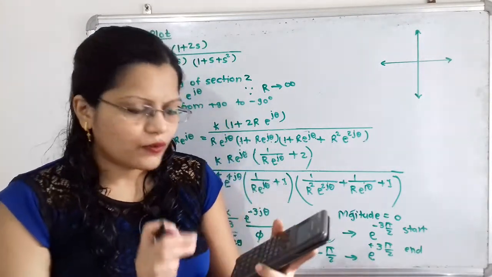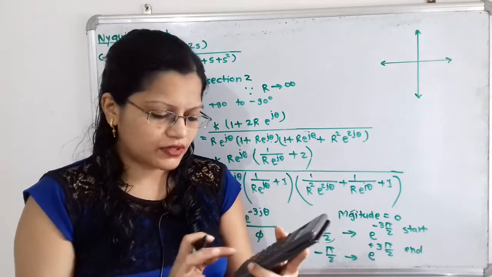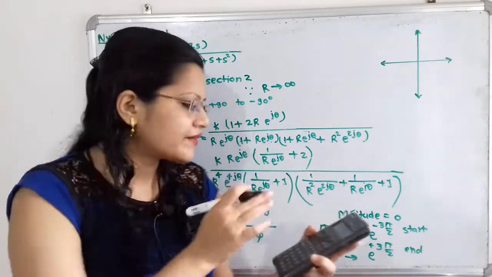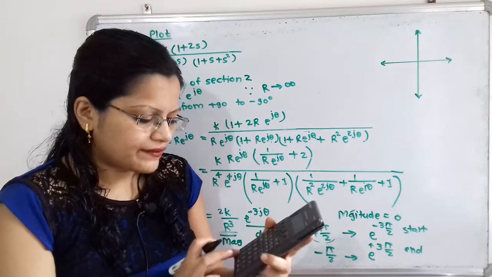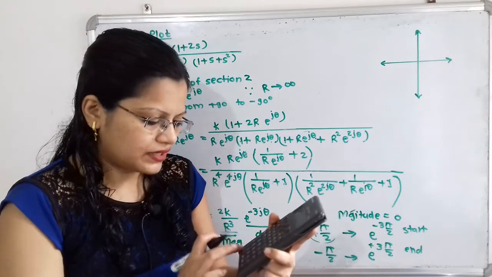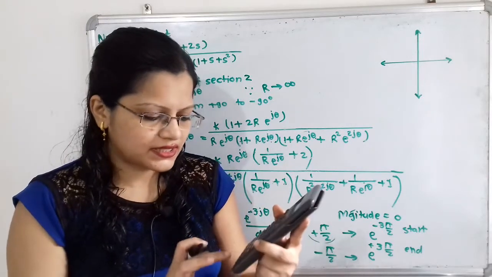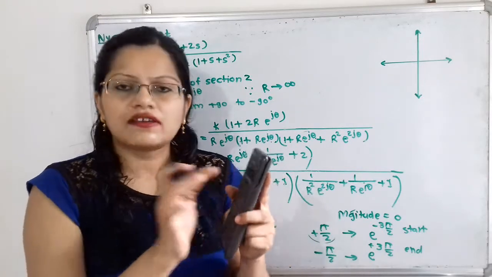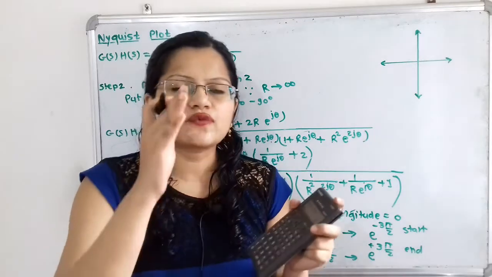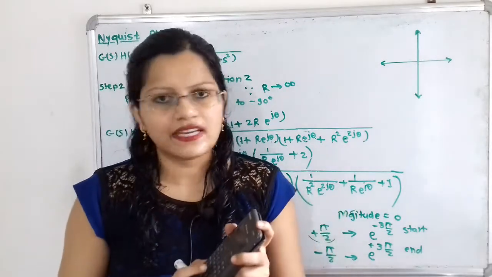So what is the total angle covered? We will calculate 270 plus 270, that is equal to 540. 540 divided by 360. So total circle covered is 1.5, that is 1.5 circle is getting covered.